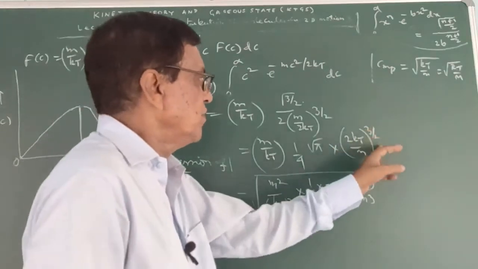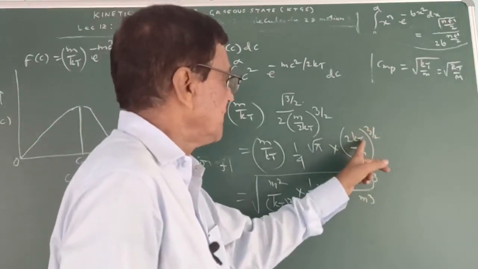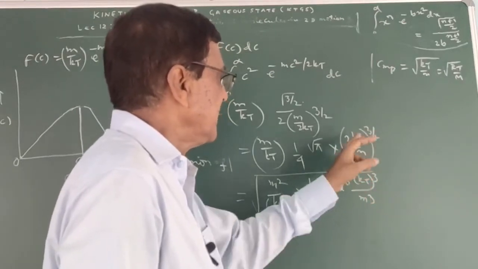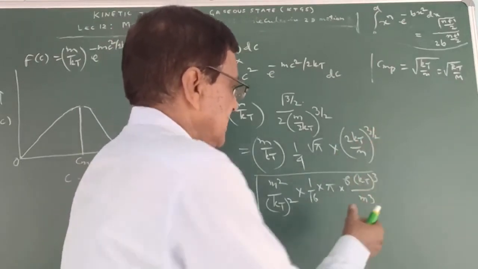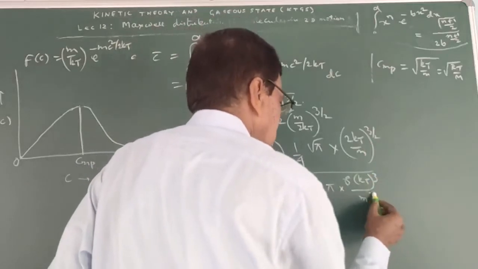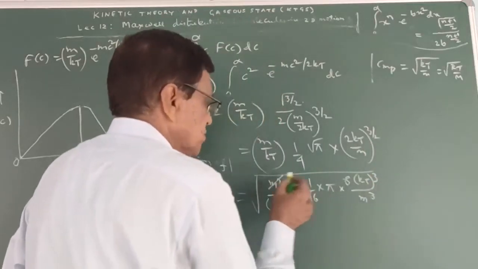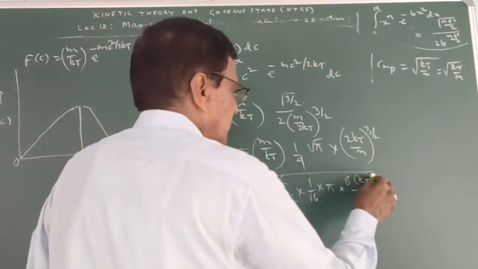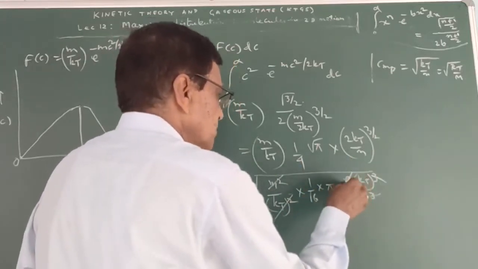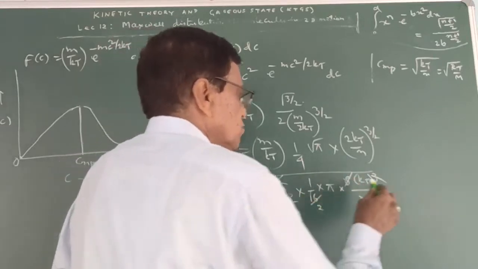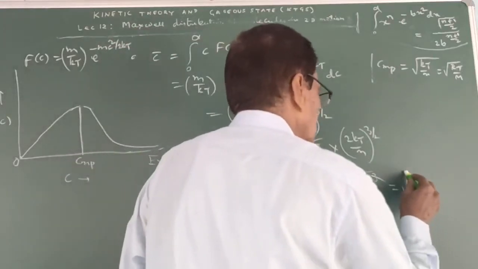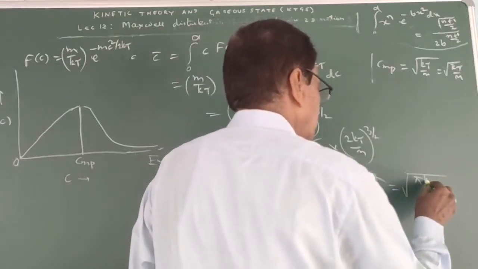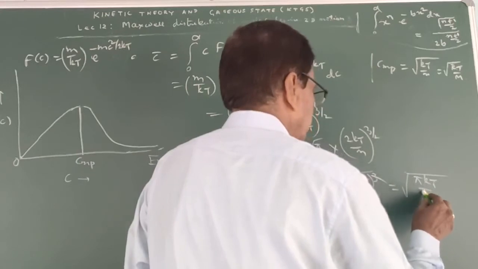This one, 3 by 2, whenever root over is taken, then 2kT by m cubed. 2kT by m cubed means 8, kT to the power 3, and here it is m to the power 3. Now you see m square, one m remains, and kT square, one kT is there, and this one 2. So this will be equal to root over of pi kT by m.